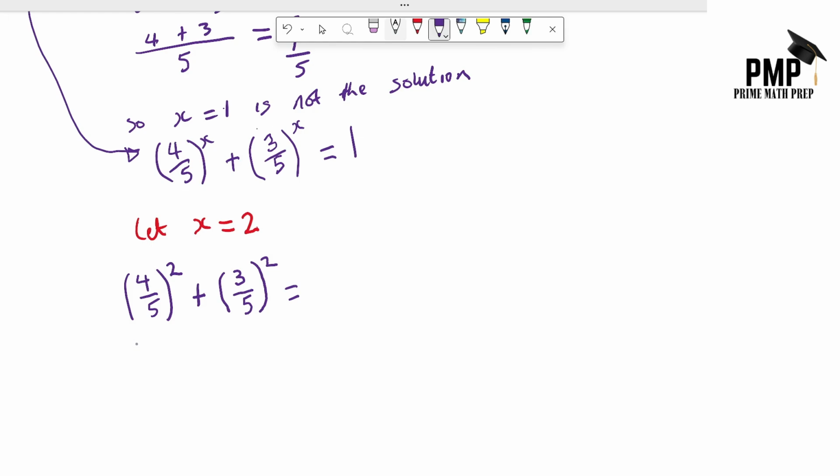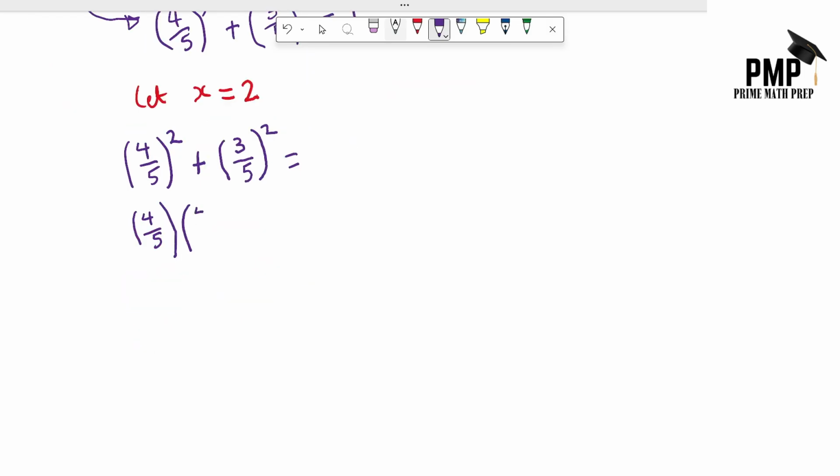Let's expand it. This is the same thing as saying 4 over 5 multiplied by itself, because it's power 2, plus 3 over 5 multiplied by itself.